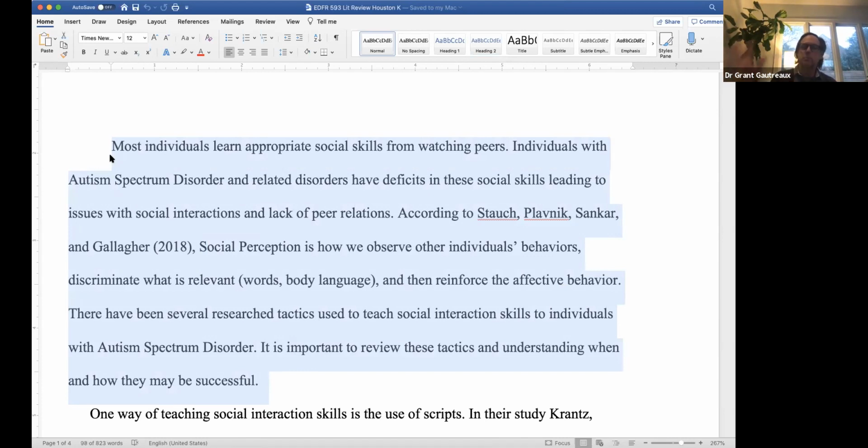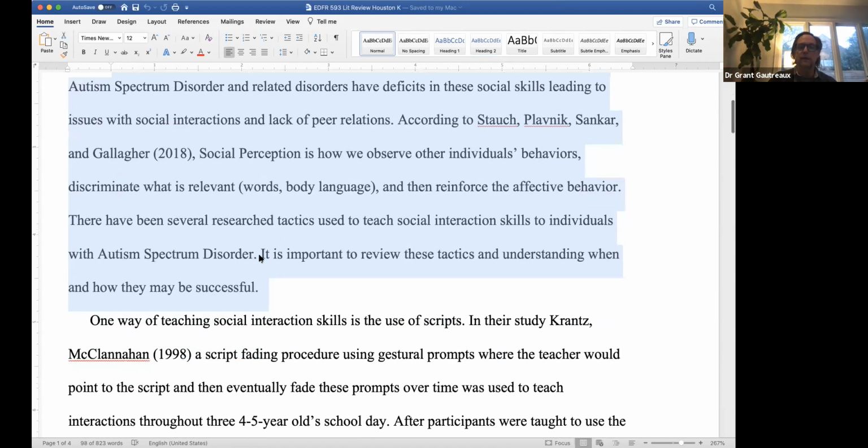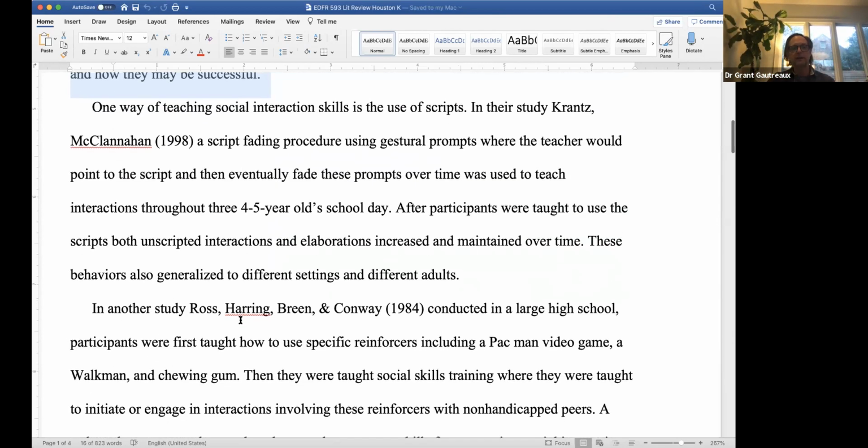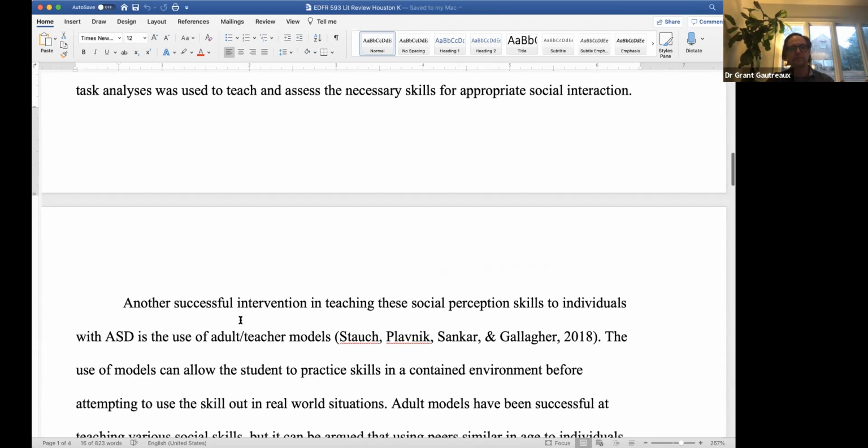I think that it's probably sufficient for this class. And now, a good transition statement. It's important to review these tactics and understand when and how they may be successful. One way of teaching social interaction is the use of scripts. So that's, again, we're talking about identifying the studies that have broadly addressed the topic. He's talking about that in another study.